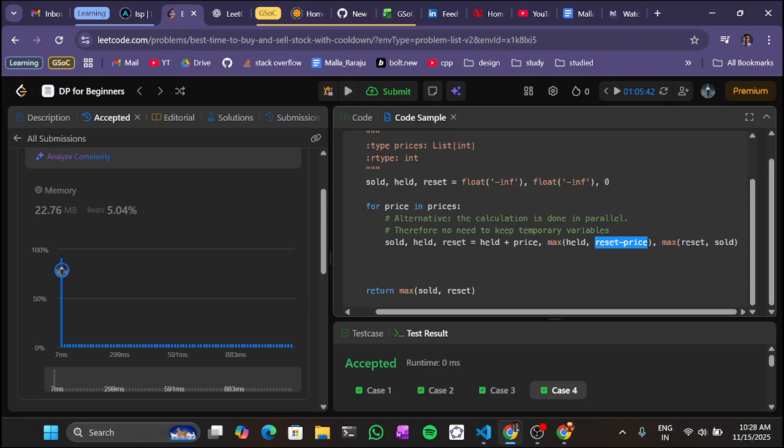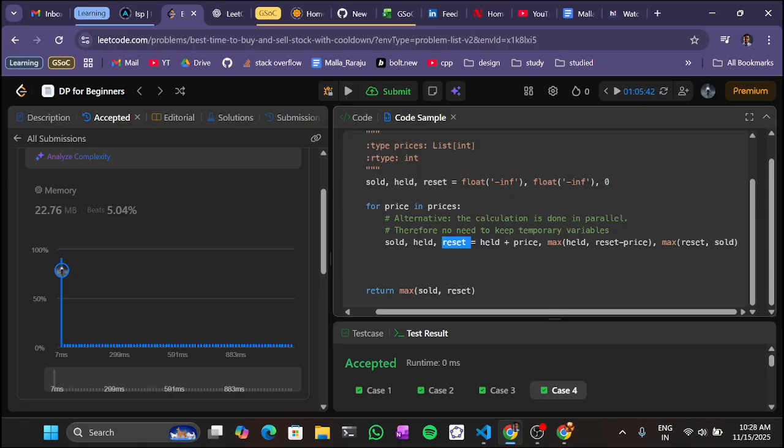Obviously reset minus current price would be the maximum because it is the infinity, and reset value will be maximum of reset comma sold.